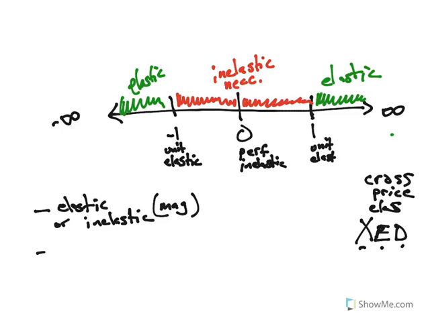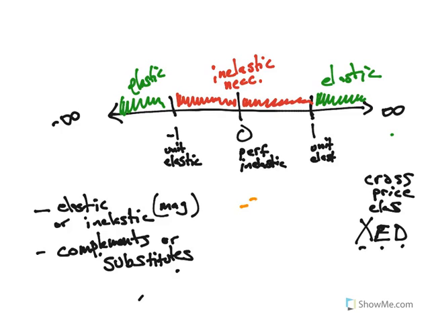Okay, the next thing we need to consider with a cross-price elasticity is whether these goods are complements or substitutes. Let's walk through what that might mean just to make sure. So if we have -3 as a cross-price elasticity, we would interpret that as for every 1% increase in the price of good Y, the quantity demanded of good X goes down, because of that negative sign, by 3%.